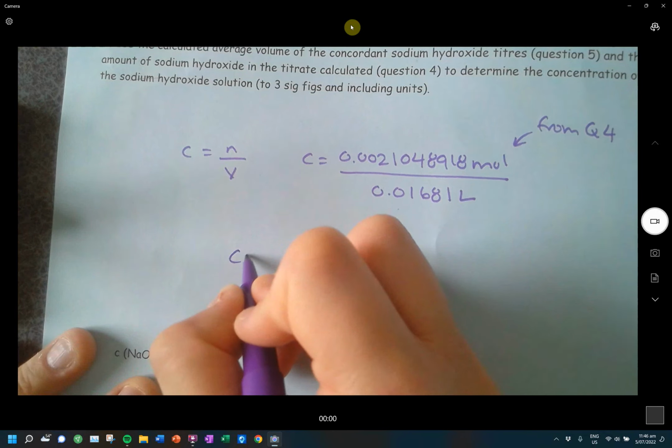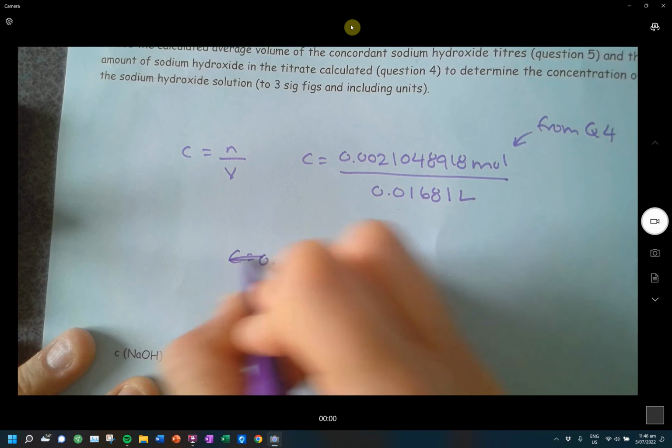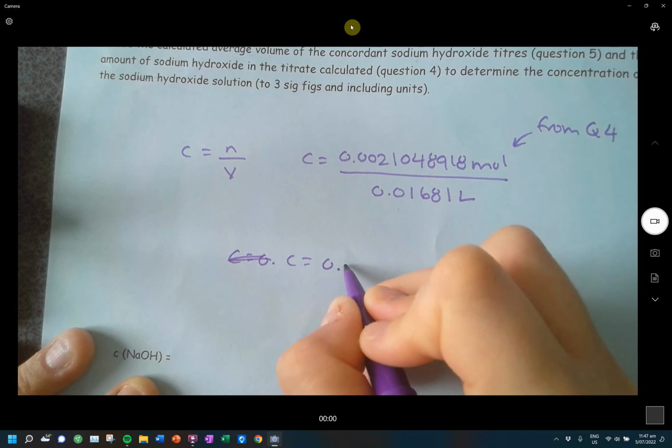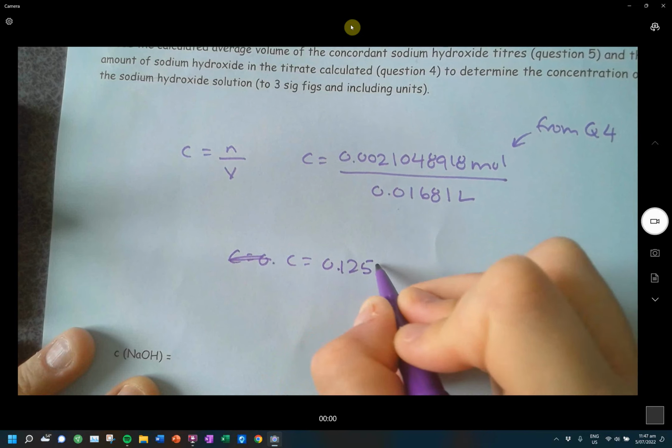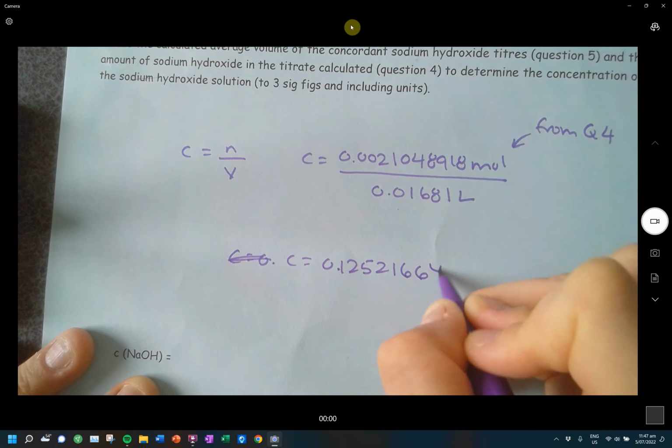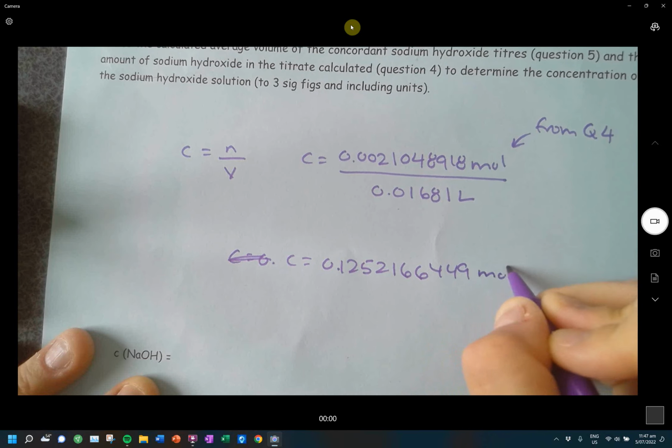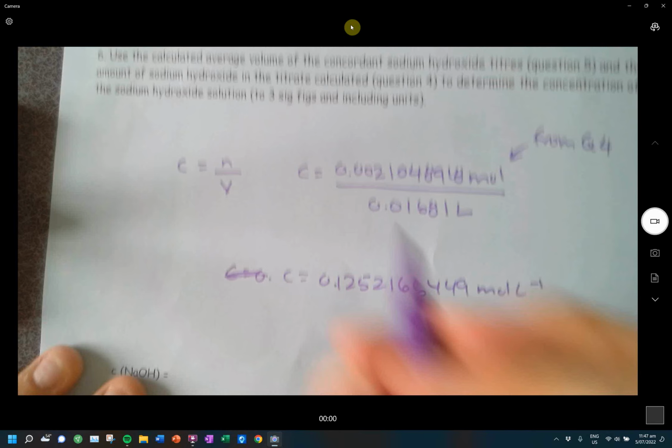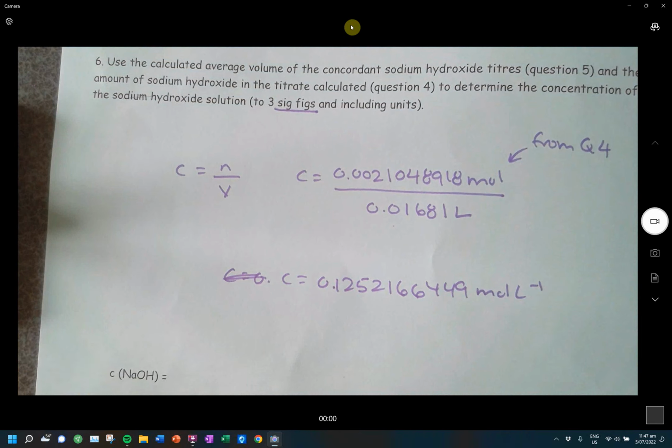So concentration equals 0.125166449 moles per liter. Once again, I want it to 3 significant figures.